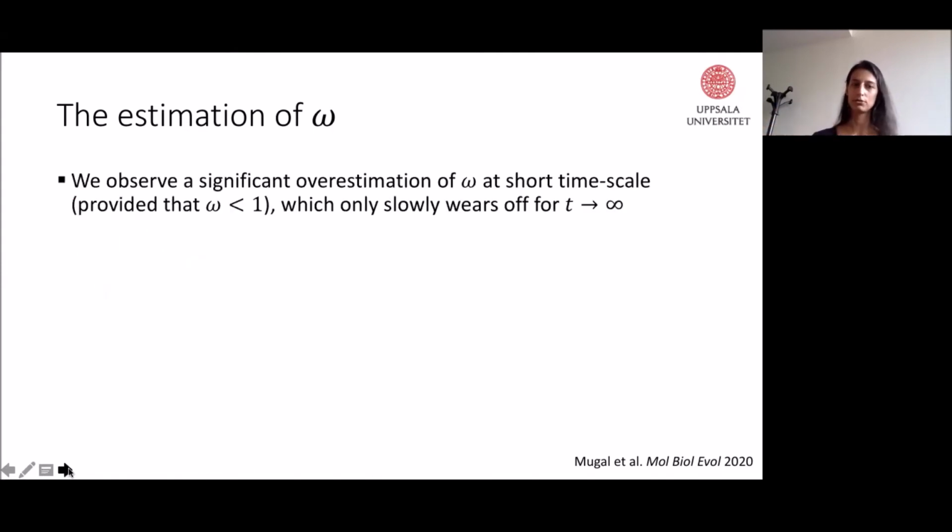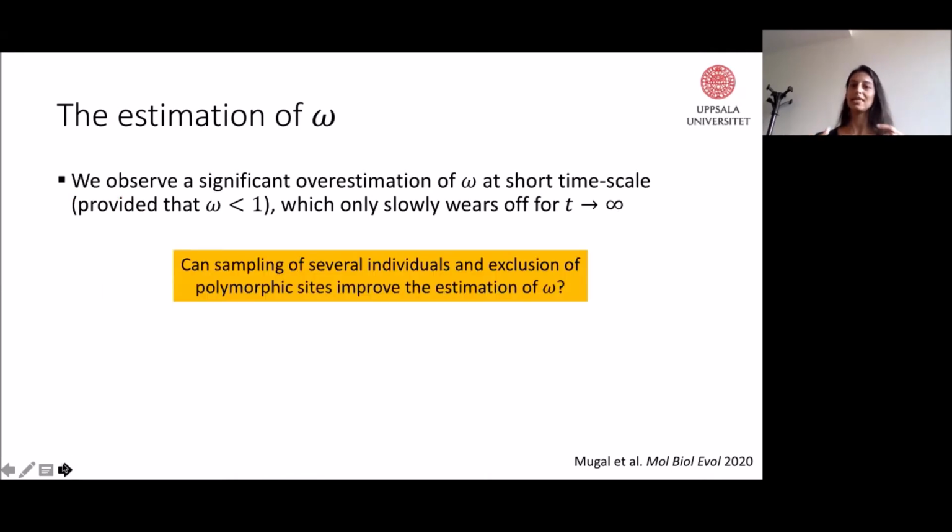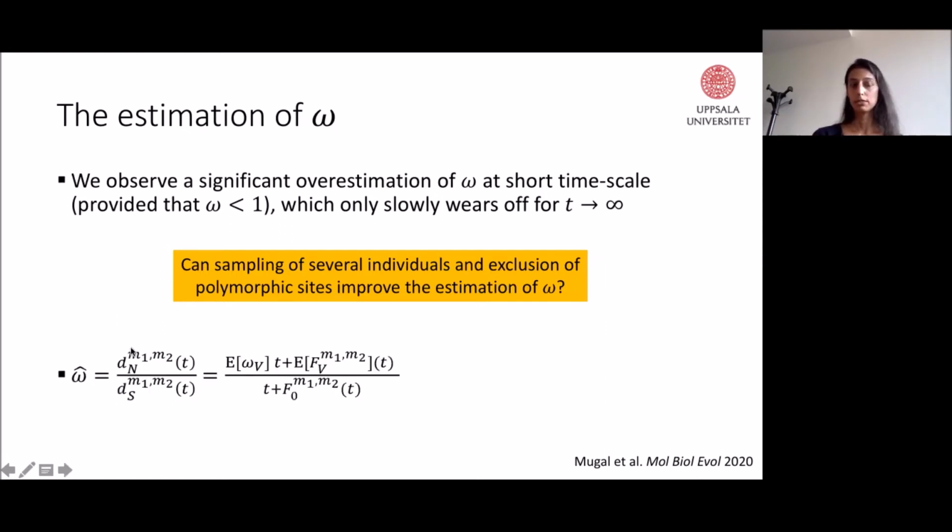What we then wanted to know is, if we sample several individuals, and if we then exclude all the polymorphic sites, can this improve our estimate of omega? So we get expressions where we now not only sample one individual, but we sample several individuals. So we have also some dependence on sample size.